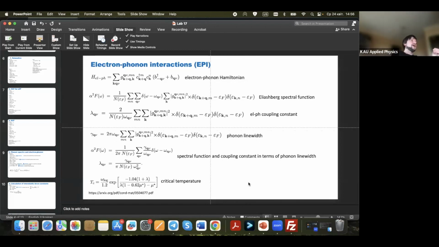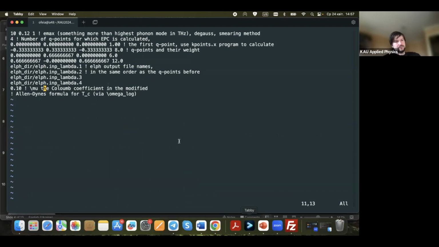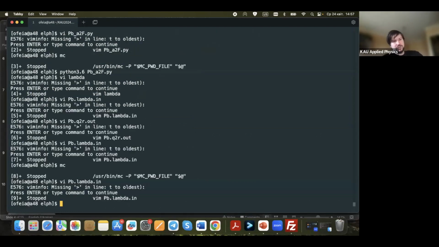It should be between 0.05 and 0.15 or 0.16, something like this. I took 0.1, and we will get as a result the TC, some estimation of the superconducting temperature.